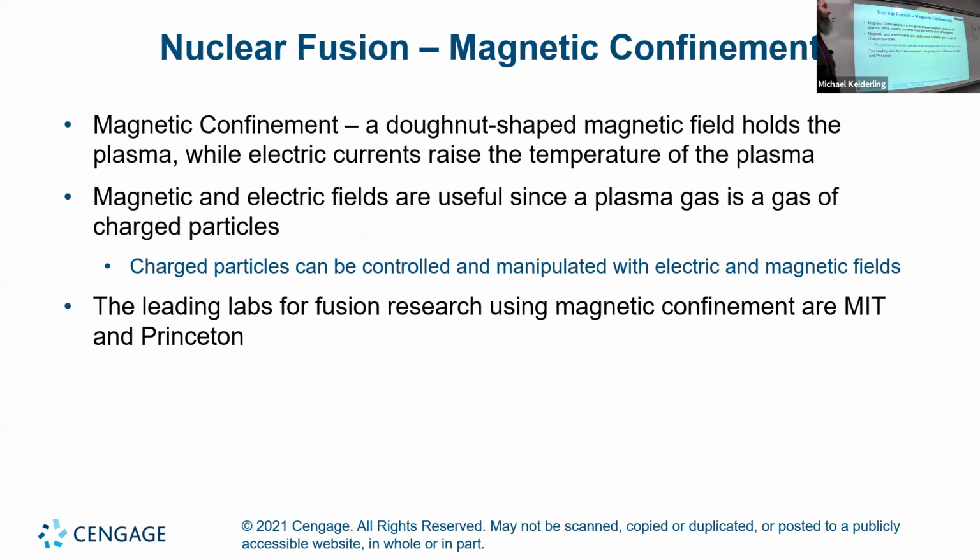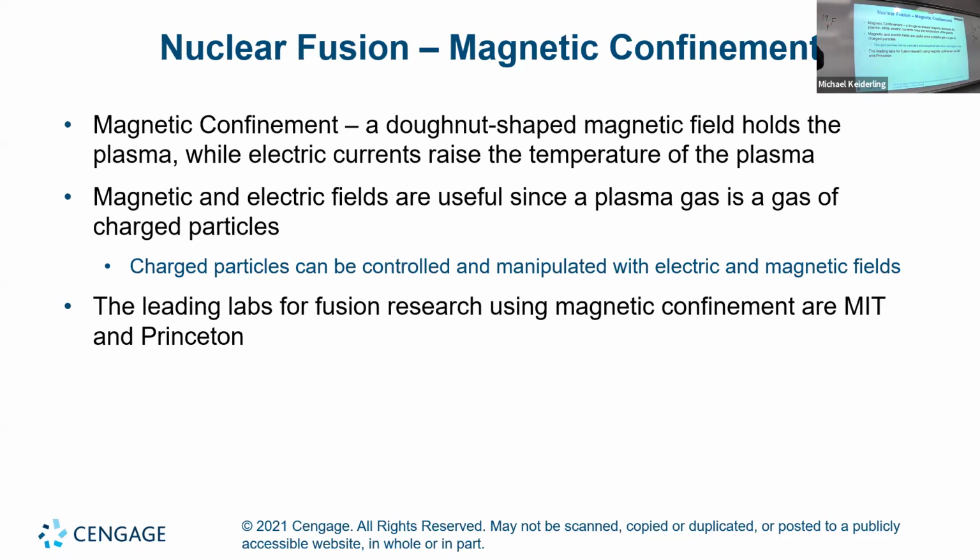The serious power generation people are doing magnetic confinement, where, because this stuff is so hot, it's a plasma, so everything involved is charged. You can make a donut-shaped magnetic field that holds the plasma and keeps it from touching anything, and allows you to get it incredibly hot. So you use magnetic and electric fields because plasma is a gas of charged particles.